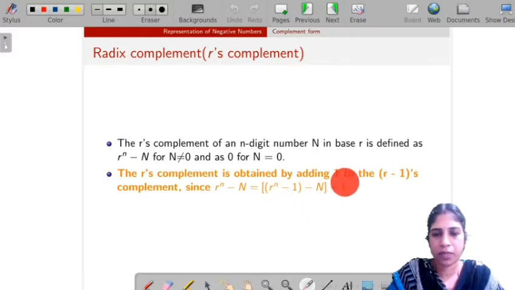The minus 1 and plus 1 cancel, so we get R raised to n minus N. That means when we add 1 to the diminished radix complement, we get the radix complement.